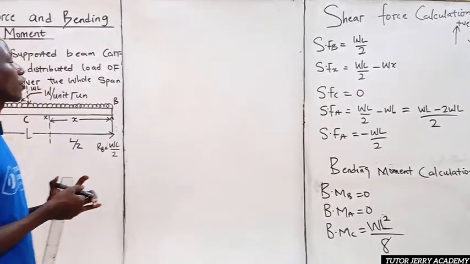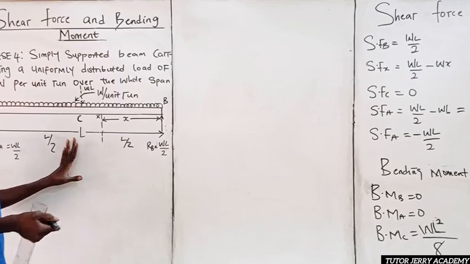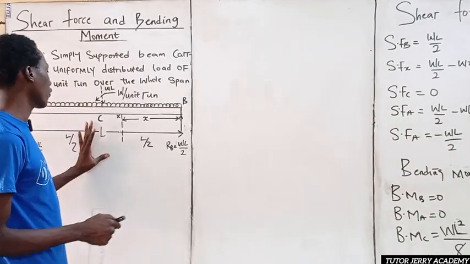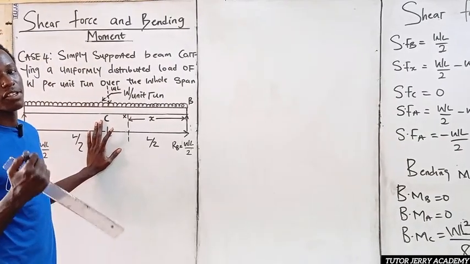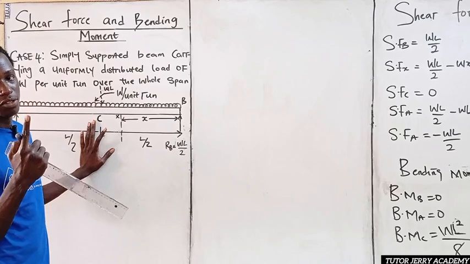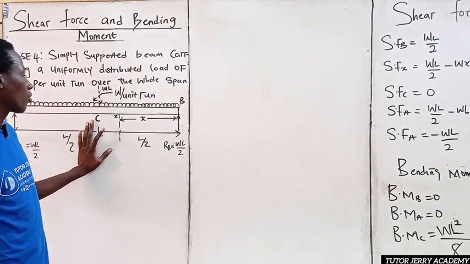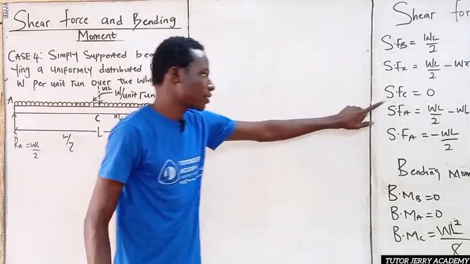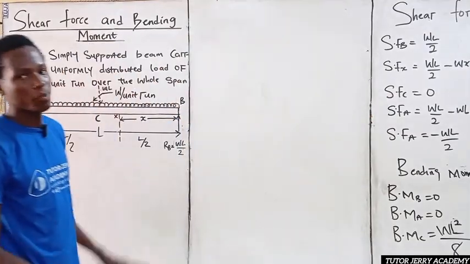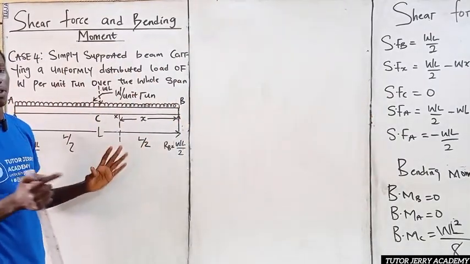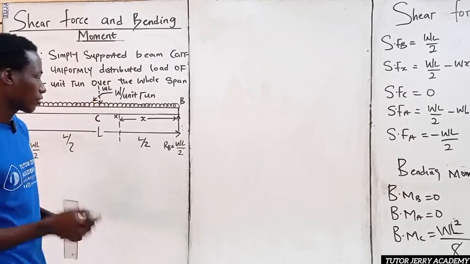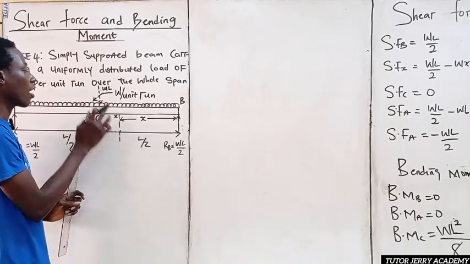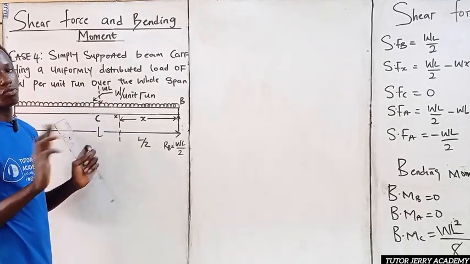So now, if you come back to this diagram, our shear force at C is nothing but 0, and bending moment is maximum where shear force is equal to 0. So our bending moment at C will be the maximum bending moment, because at C shear force is 0.